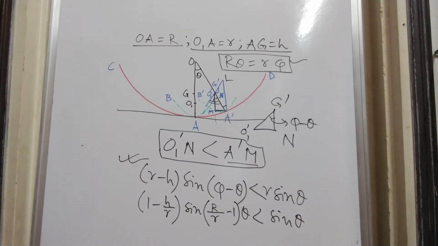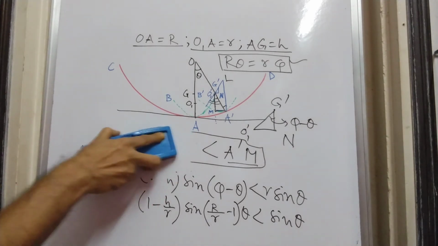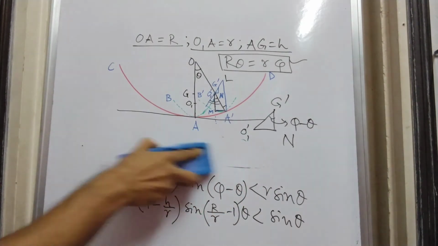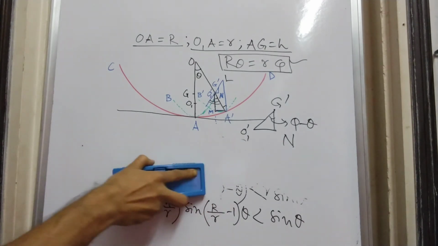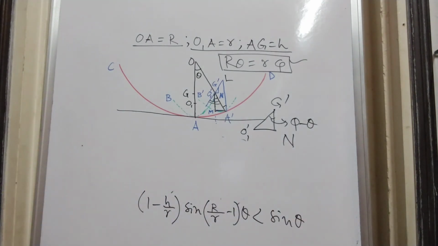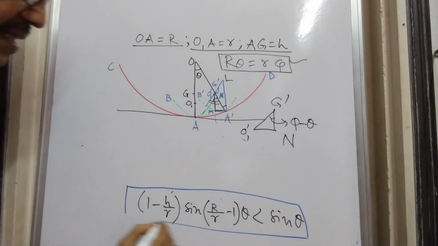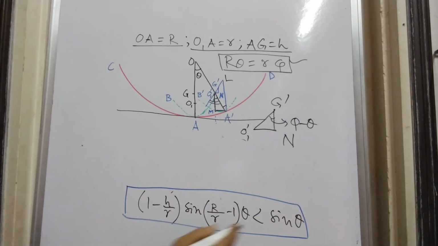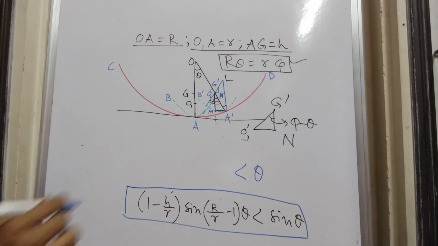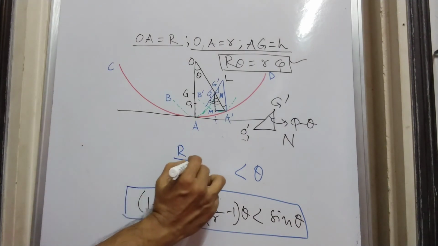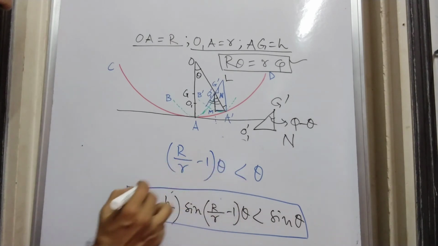Since we are considering the displacement as virtual displacement, so this phi, theta, they are all very small angles, and we can easily infer from this relation, if this theta is a very small angle, we just replace sine theta by theta and sine of R by r minus 1 theta by R by r minus 1 theta.